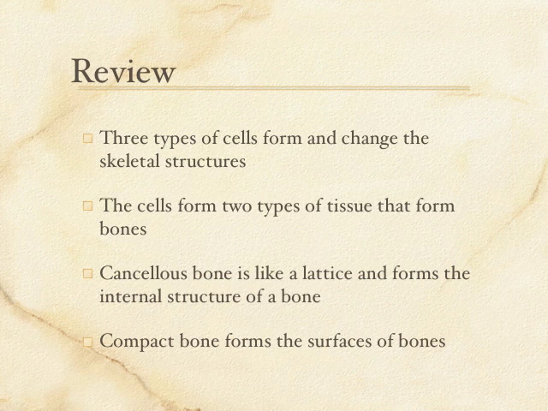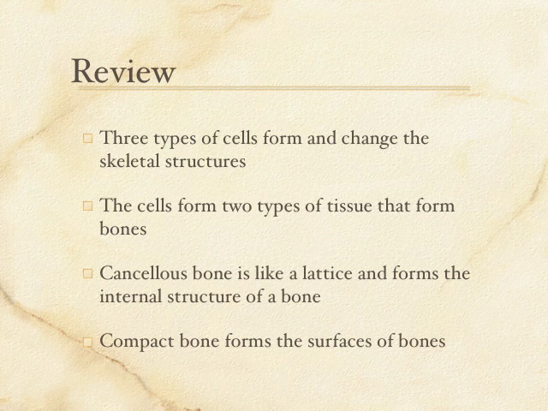So first of all, remember that we identified 3 types of cells that are responsible for developing, maintaining, and changing the skeletal system. You should remember osteoblasts, osteocytes, and osteoclasts. Okay, 3 types of cells.